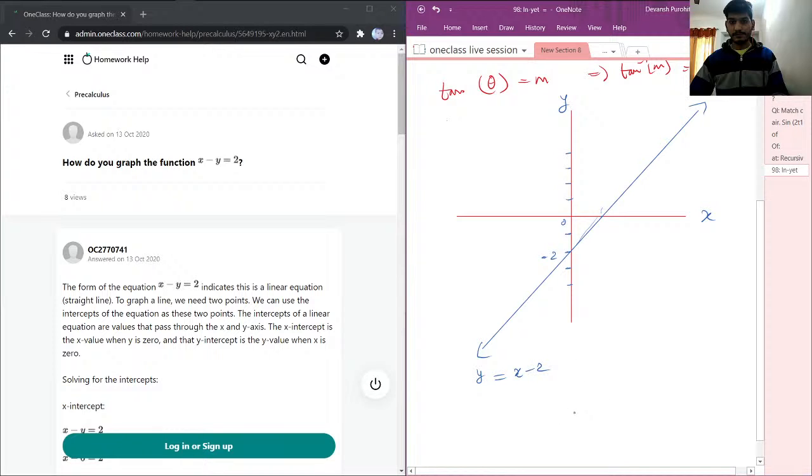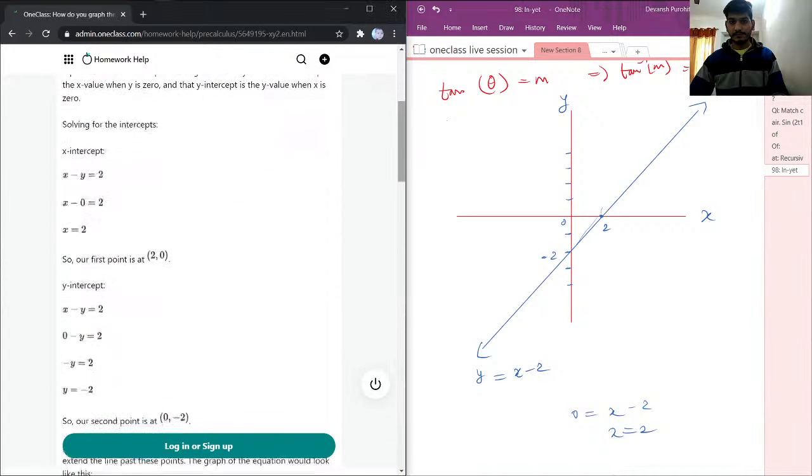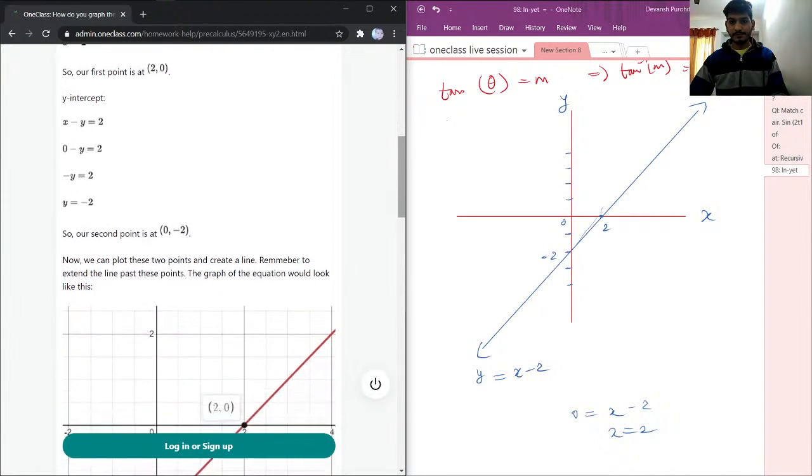So when y is 0, minus 2, so x will be 2. Y is 0 when x is 0. So this will be 2. Let's see. So here they are calculating the intercepts first.